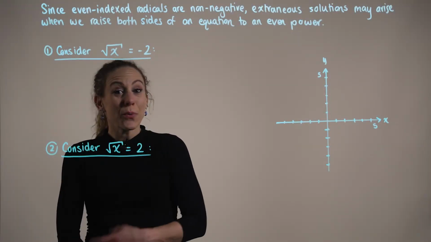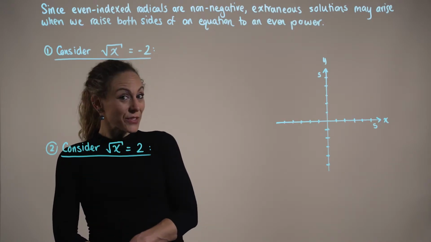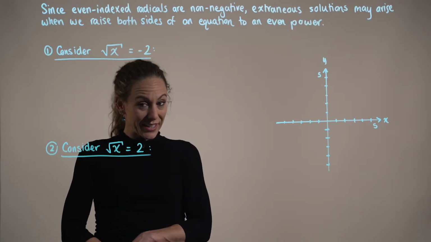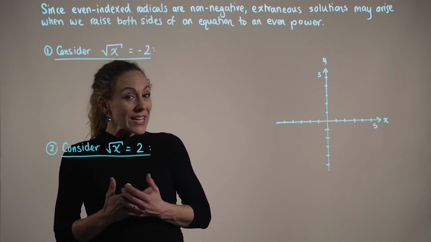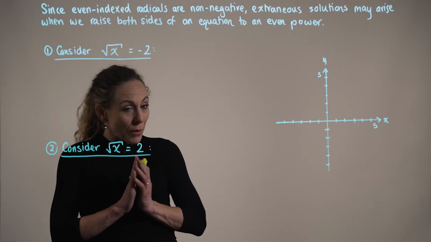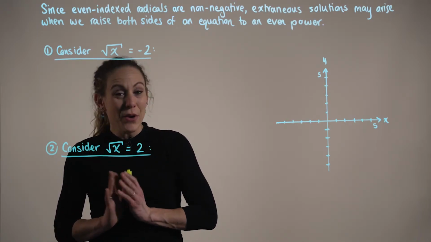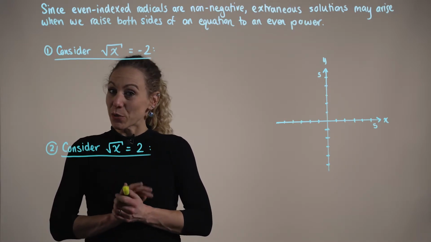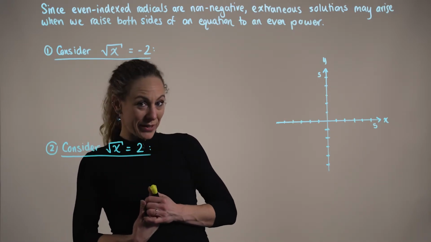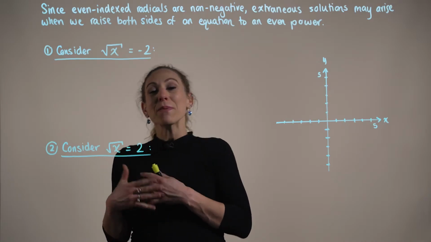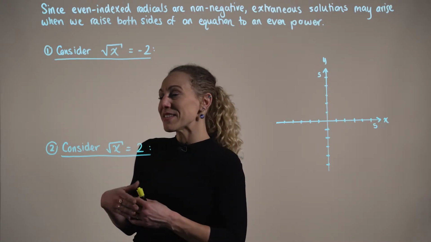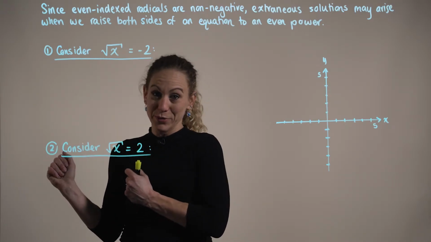Since we know that even indexed radicals are non-negative, extraneous solutions may potentially arise when we raise both sides of an equation to an even power. To help us better understand this, let's consider our familiar friends, the square roots.